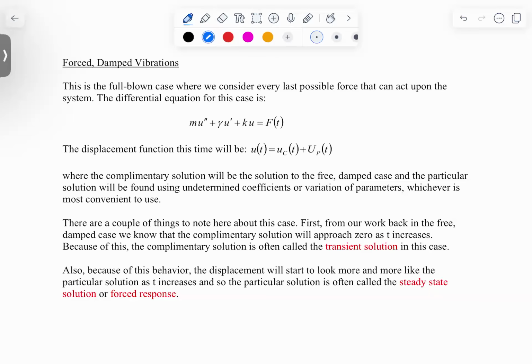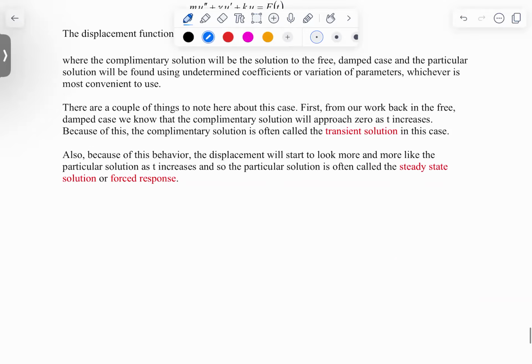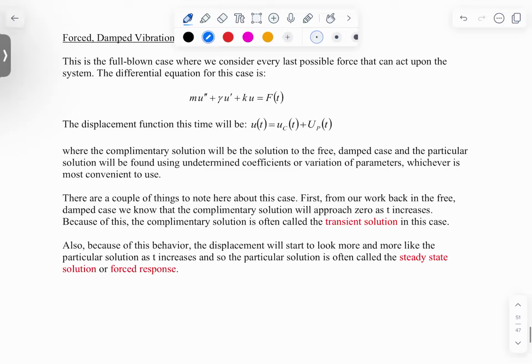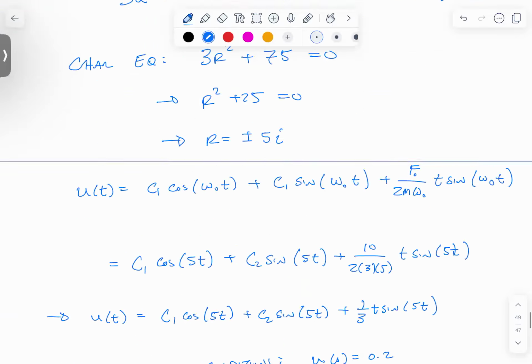The forced damped vibrations, this is the all bets are off case. Because now we have every single force being applied here. I have the external force, I have the damping force, we have our gravitational force and our spring. The whole idea is that you need to solve all the way out because there is no nice situation like we had here.